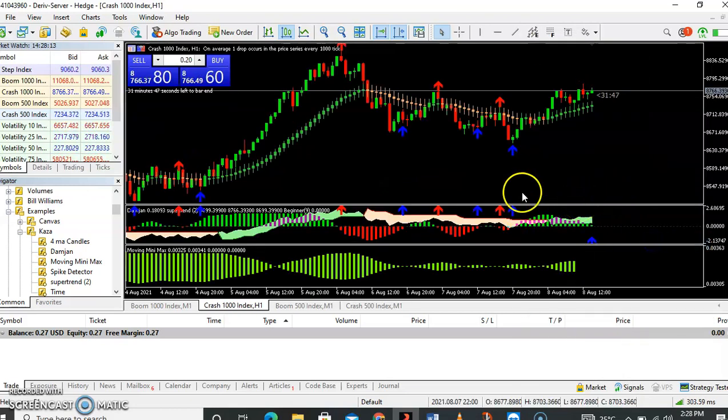When I go to the 1 hour time frame, I can see that the market is currently taking an uptrend. I'm not going to go into detailed market analysis, because I assume most of you would already know that.